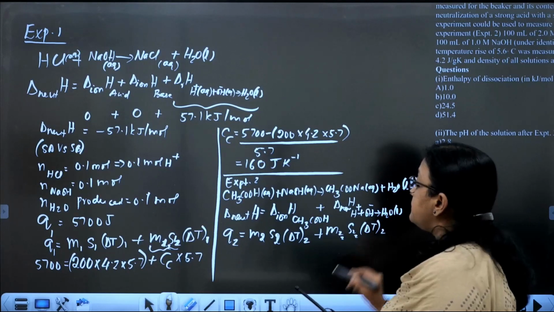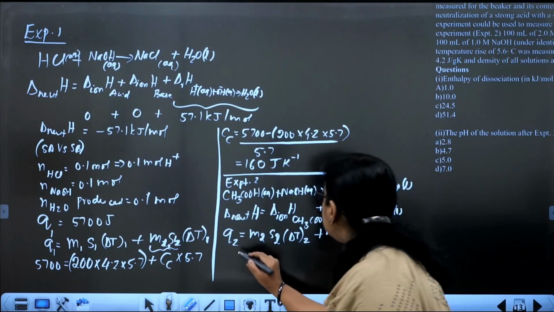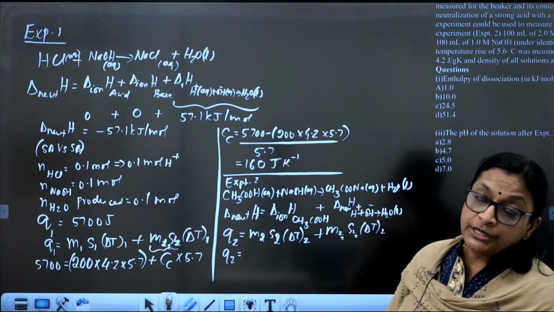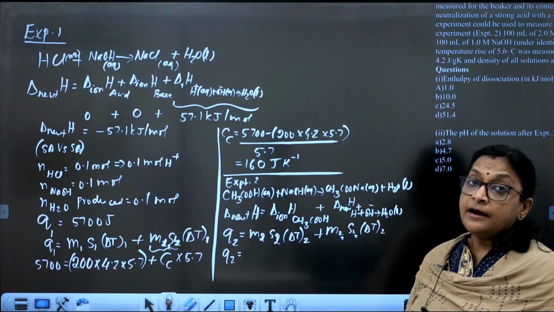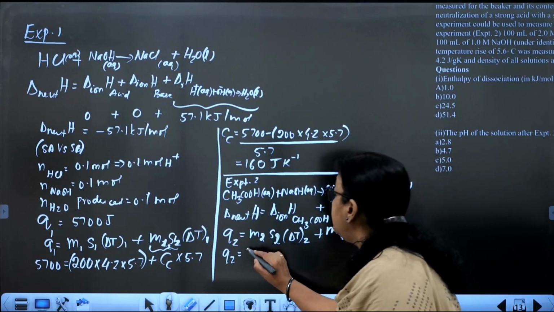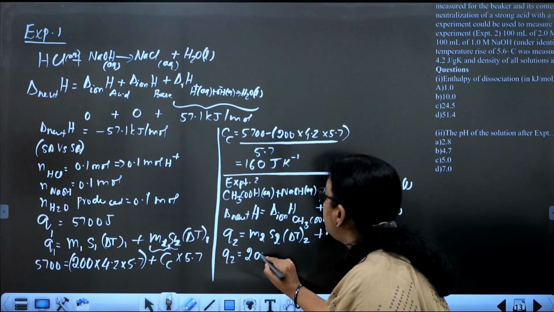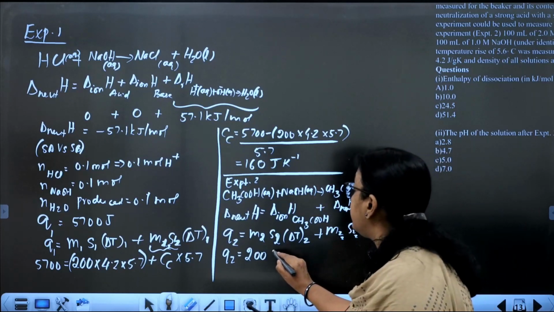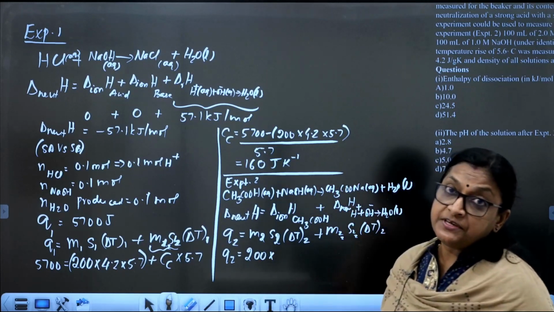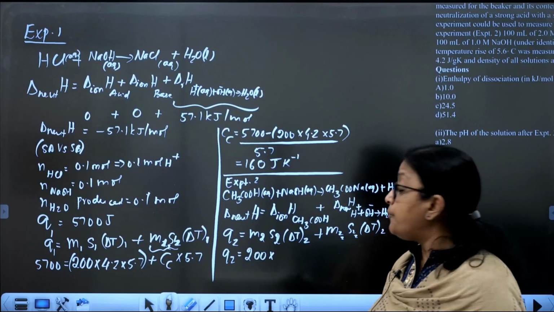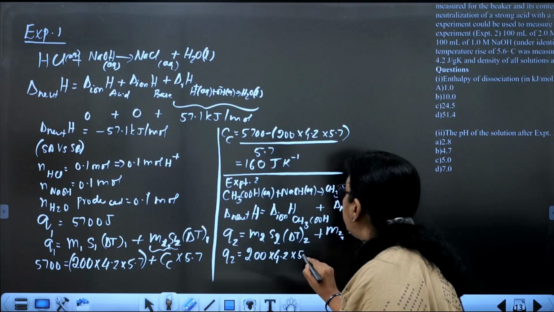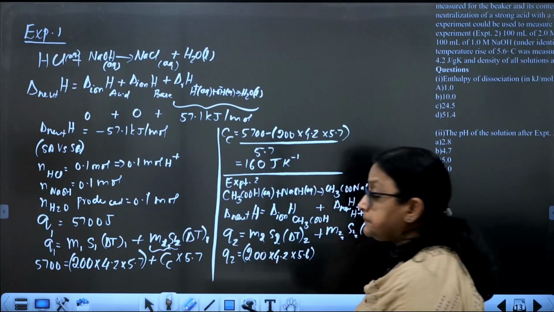Or this Q2 is equal to M2, here the mass of solution, again 100 ml plus 100 ml, which makes it 200 ml, density being 1 gram per ml, so 200 gram, into the specific heat of all solutions taken to be 4.2, into the rise in temperature, which was 5.6 as mentioned here.